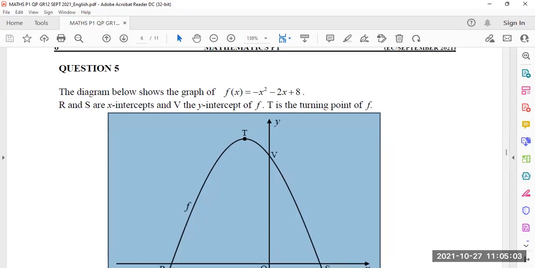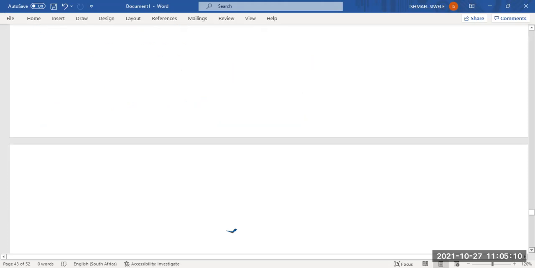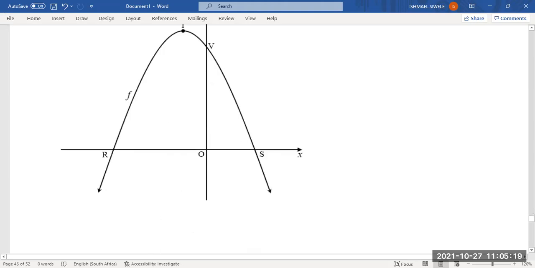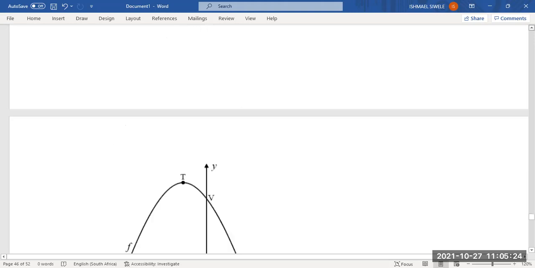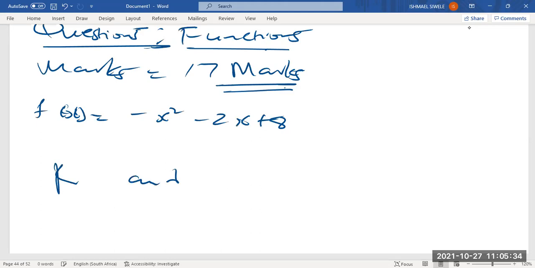So like we can see here on the graph, yes, R and S are the x-intercepts.